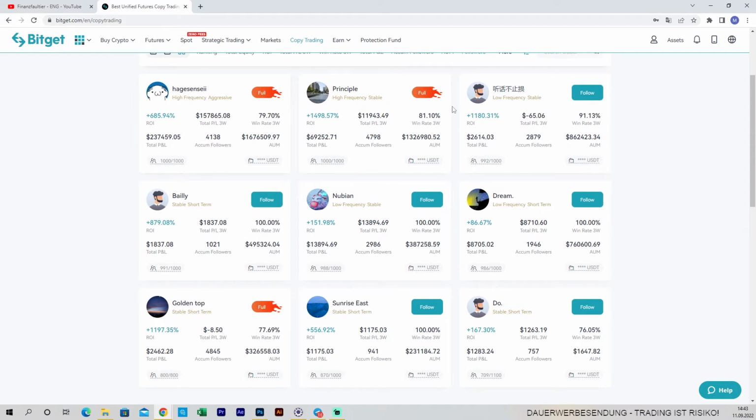Those guys are full. They have 1,000 slots open. This guy has 800 slots open, and all are filled. So there is a maximum number of followers who can copy trade those guys. And we want to get a spot in here, possibly, because he made $157,000 in the last 3 weeks.